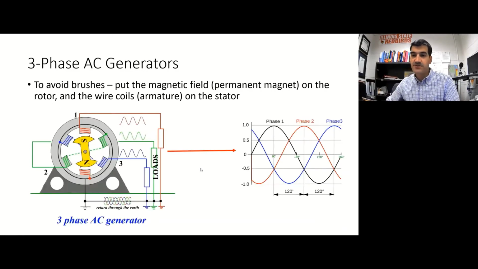So here's a picture of that. Here is an example where we have our armature around the outside on the stator, and we actually have our magnetic field, in this case a permanent magnet, here on the rotor. So as I spin the rotor around, we're going to move our magnetic field, and that's going to get us a change in magnetic flux through these conductors right here.